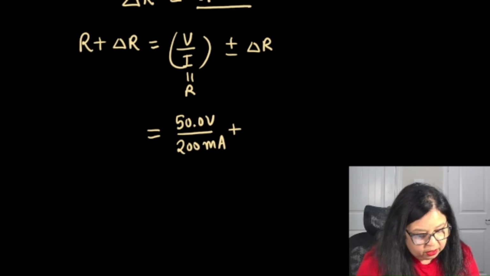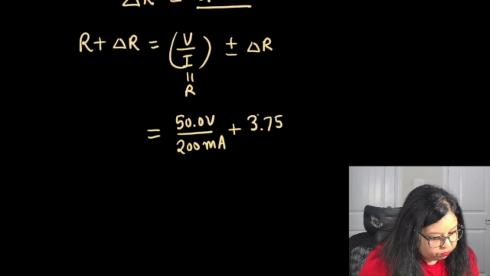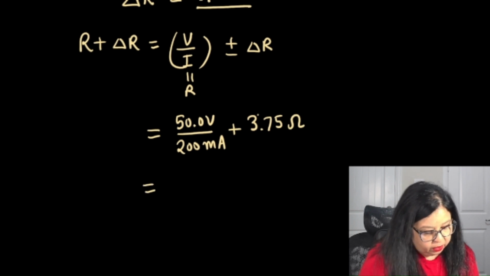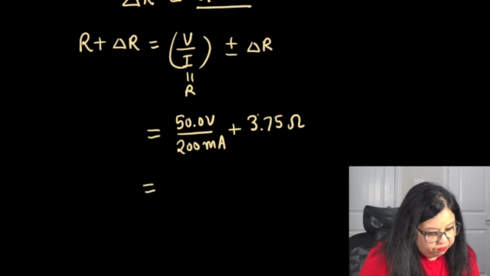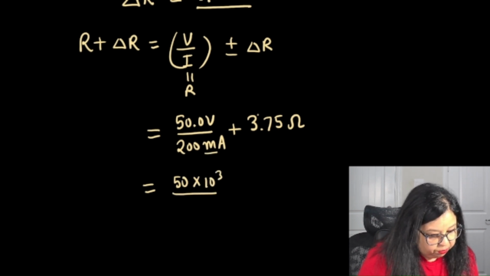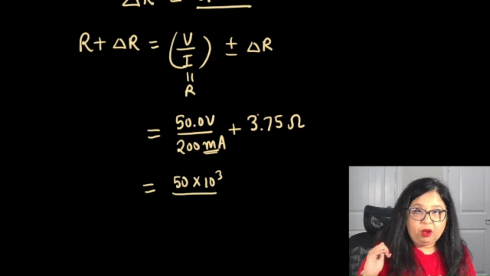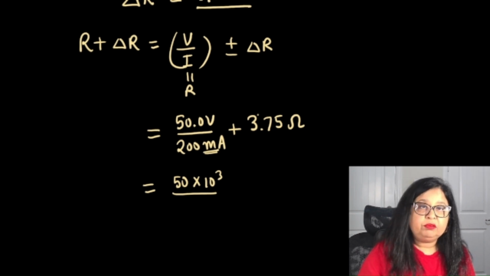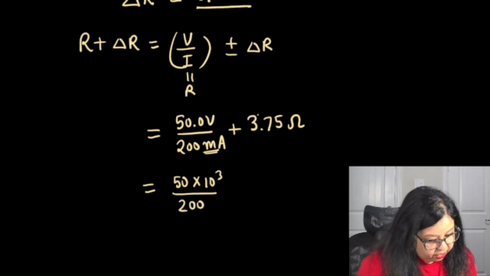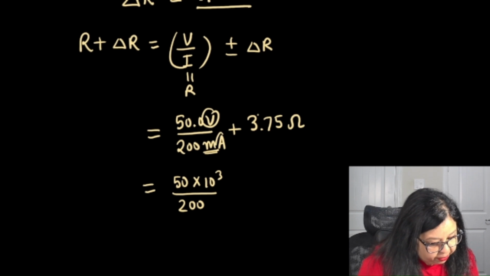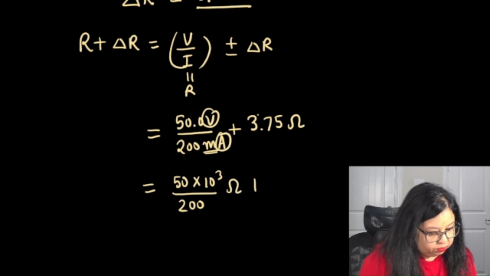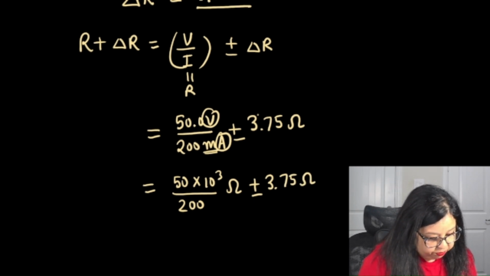So let's go ahead and put in 3.75 ohms over here. And 50 divided by 200 times 10 to the power 3. 10 to the power 3 is coming from this milli. Milli is 10 to the power negative 3. 10 to the power negative 3 goes upstairs, becomes 10 to the power 3. Divided by 200, and volts divided by amperes gives you ohms. Plus minus 3.75 ohms.